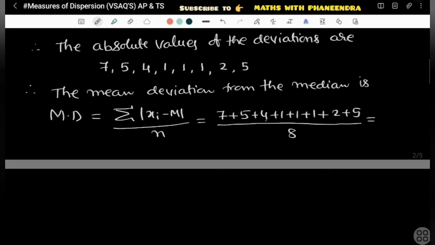So 7 plus 5 is 12, 12 plus 4 is 16, 16 plus 3 is 19, 19 plus 2 is 21, 21 plus 5 is 26, 26 by 8. 8 3s are 24, so 2 is there. 8 2s are 16, 4 will be there. 8 5s are 40. Therefore 3.25 is the mean deviation. I hope you understand, dear students.